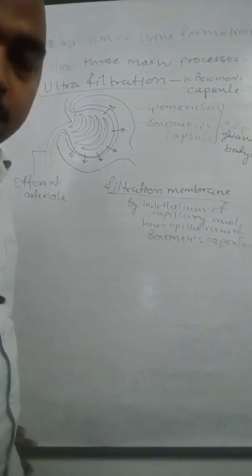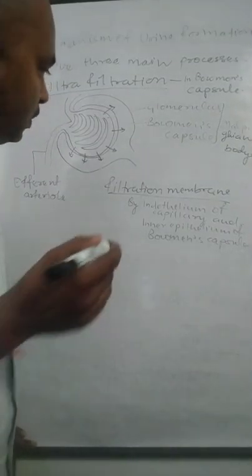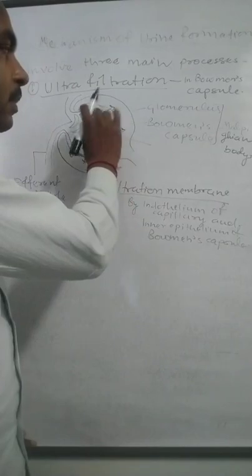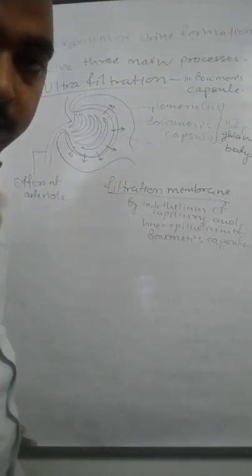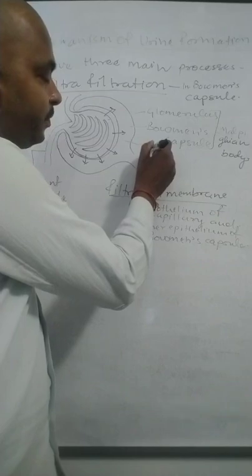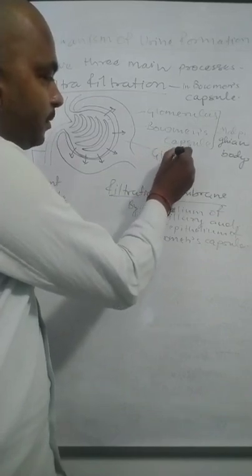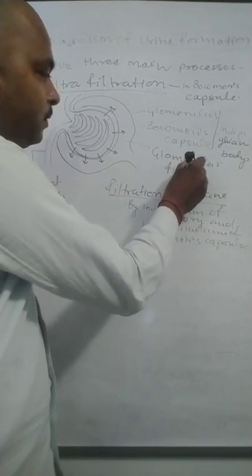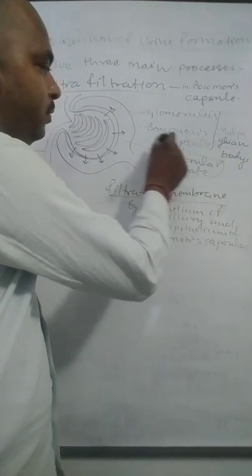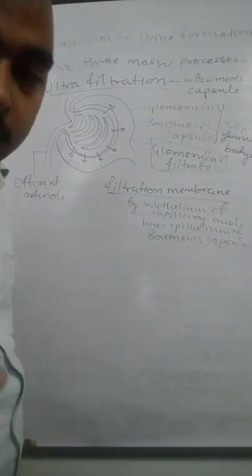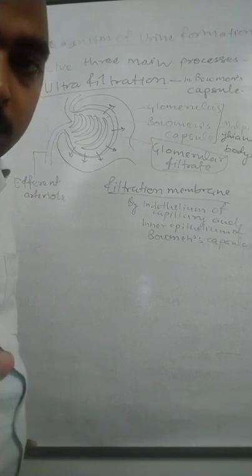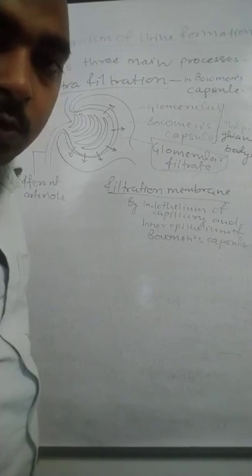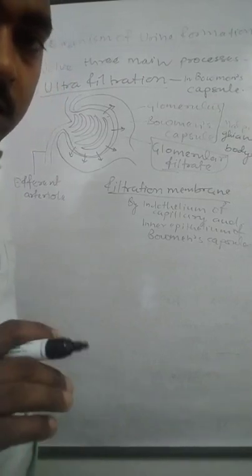So what things get filtered? The things filtered into the space of the Bowman's capsule are known as the glomerular filtrate. Glomerular filtrate is the product of ultrafiltration, which consists of most of the blood plasma.